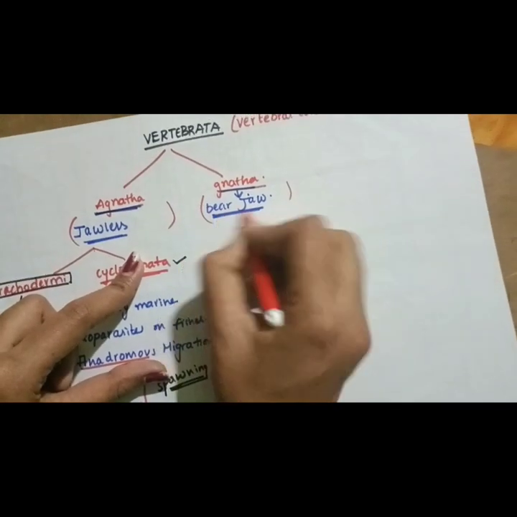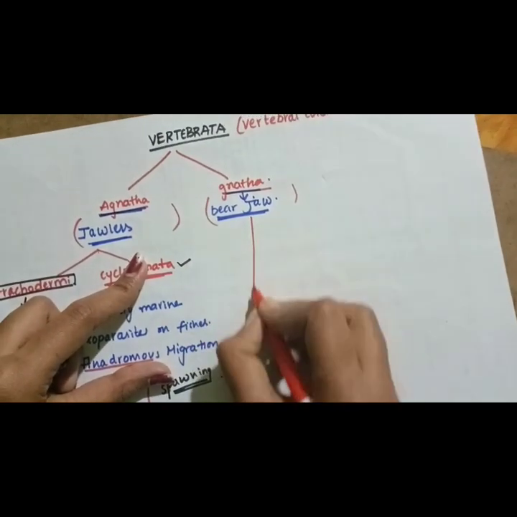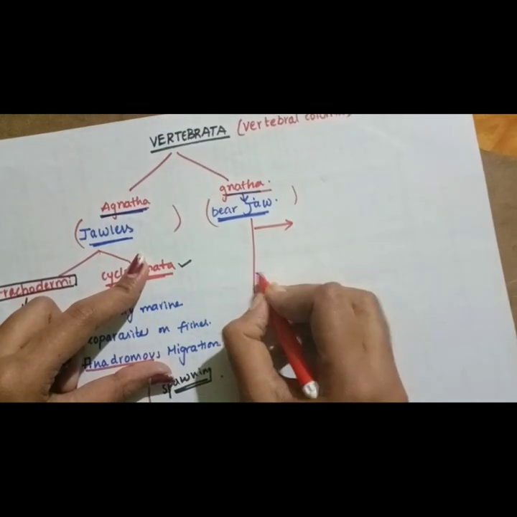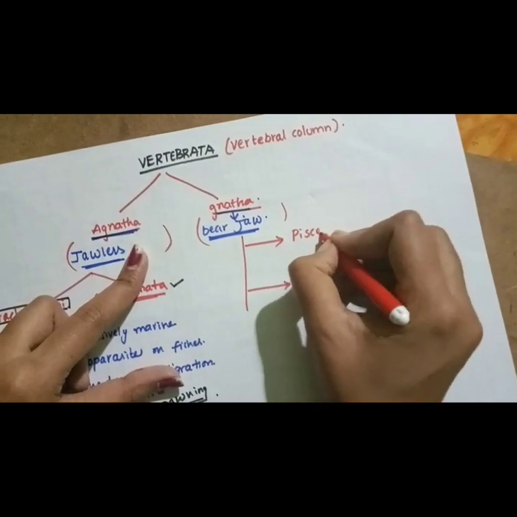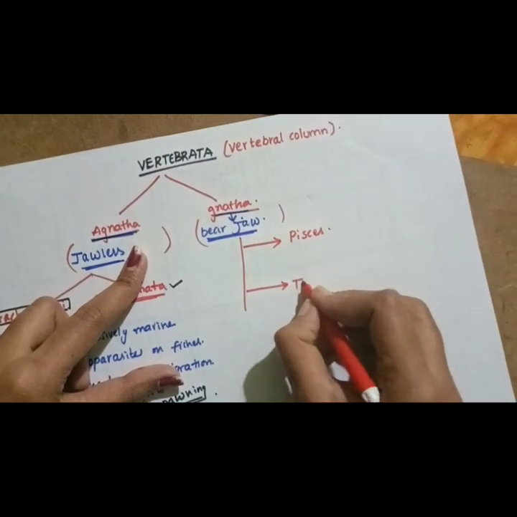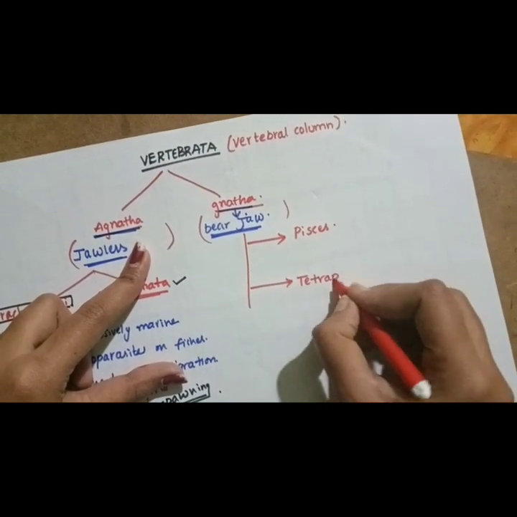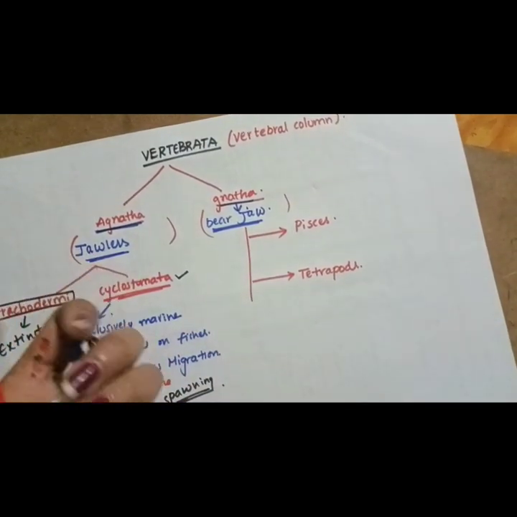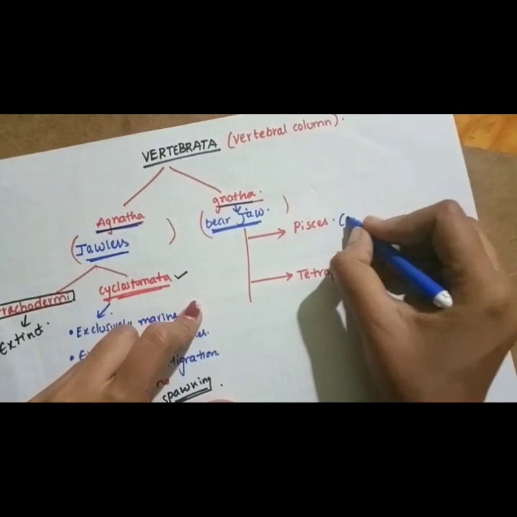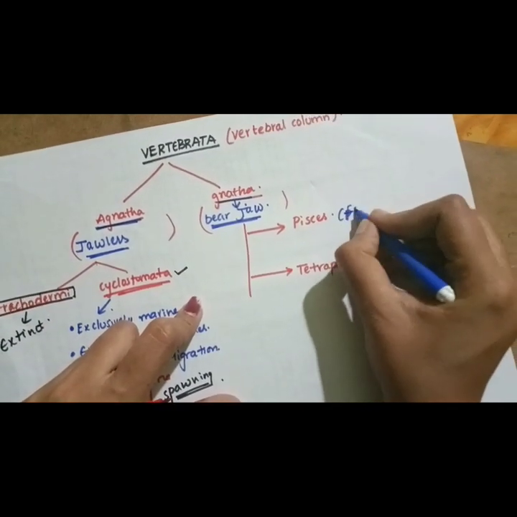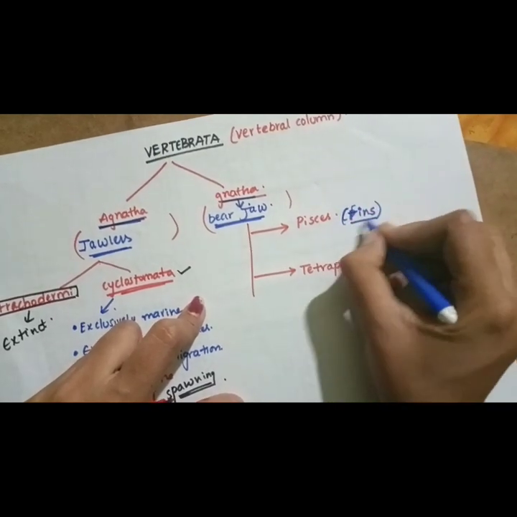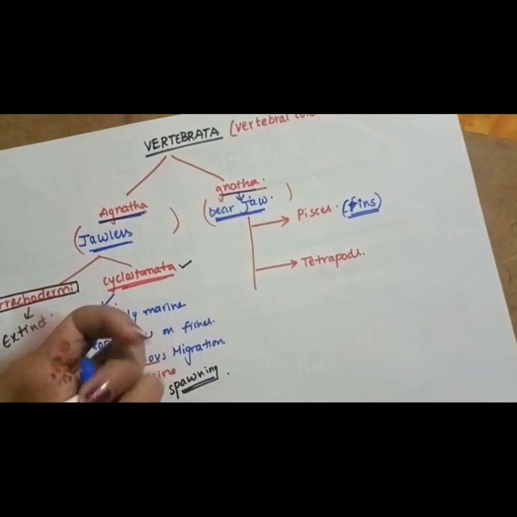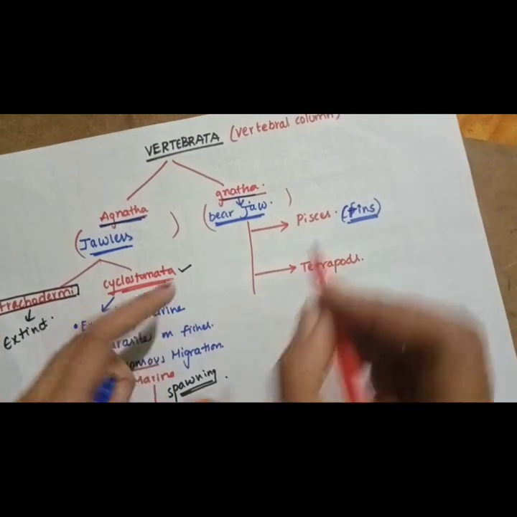Then coming to the gnata, it is classified into Pisces and tetrapods, right? Pisces means the organisms which bear fins. Fins are present in mostly fishes, right?